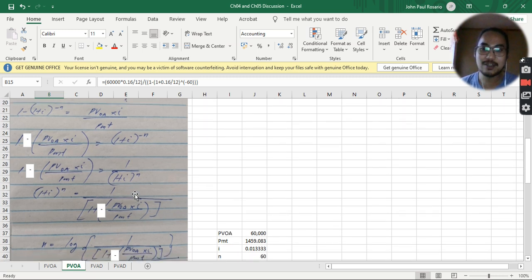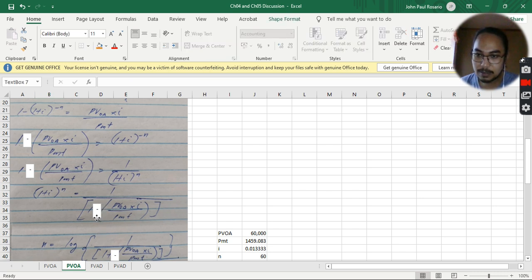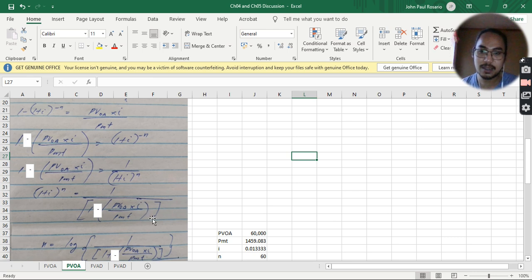So in solving for n, we move 1 plus I raised to the power of n to the other side, from division to multiplication. And then this entire expression will be transferred to the other side.